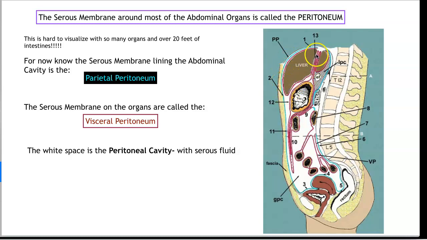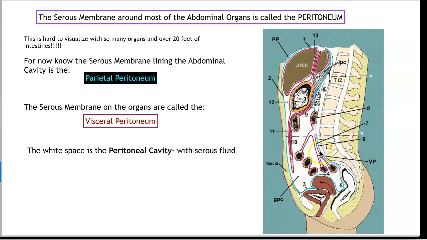Now we are covering lots of different organs. Here it's covering the liver. This is showing you covering the stomach, and then it's going to be covering some part of the intestines here, and then it's going to be covering all of the small intestines.